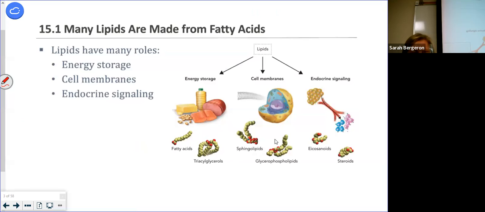And we'll talk about that. But you have unique lipids that are used in your cell membrane, and they have particular structures that give them the ability to make that lipid bilayer instead of just a micelle. You ever wonder why some of them make micelles and some of them make bilayers? Structure. Then we'll talk about all kinds of signaling within the body. The one you've probably already heard of is steroids. Eicosanoids are the other one, but they're both very important in endocrine signaling.